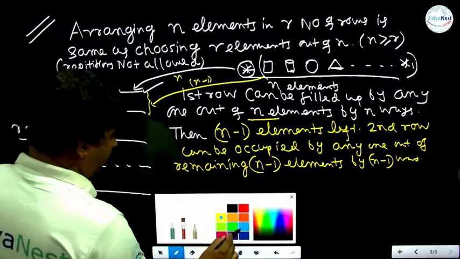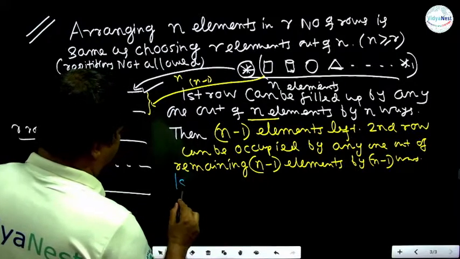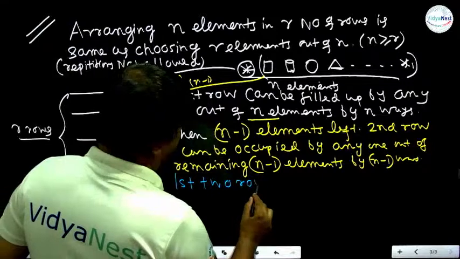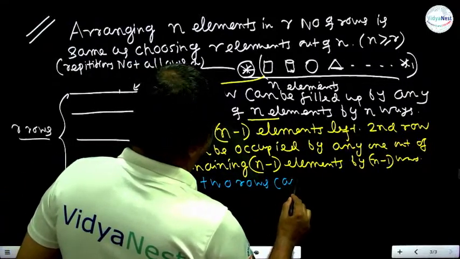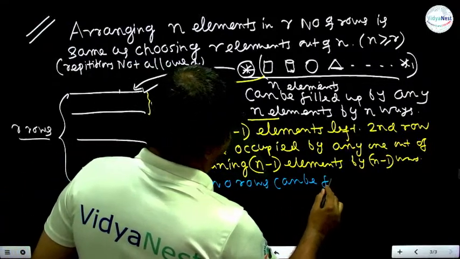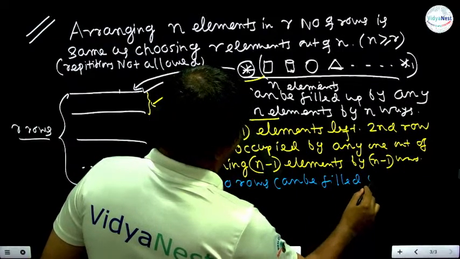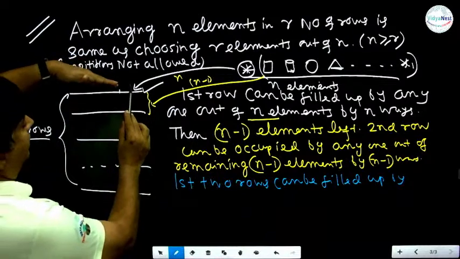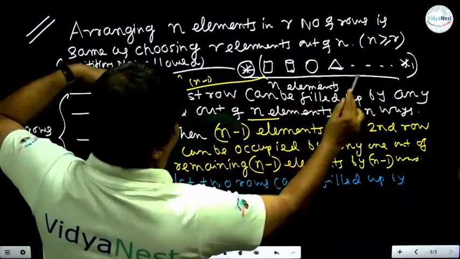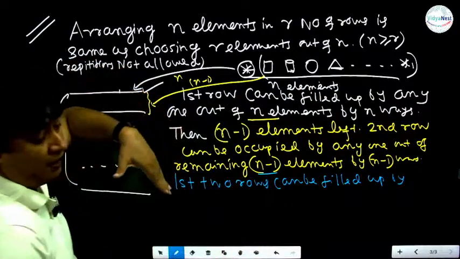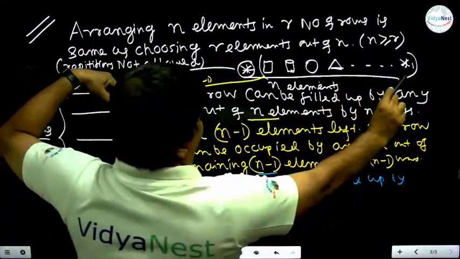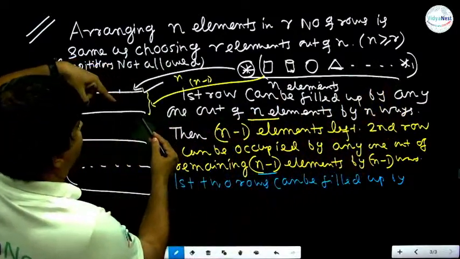Therefore, the first two rows can be filled up by, see, with each of these n number, there are n minus 1 arrangements. Suppose I am calling one student, n minus 1 students are left to occupy the second bench.